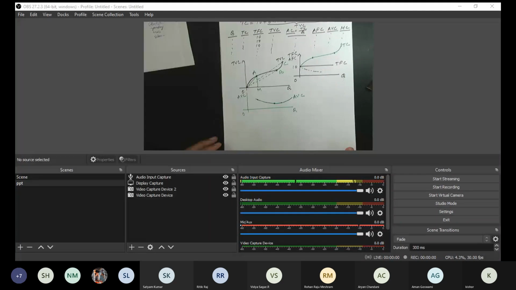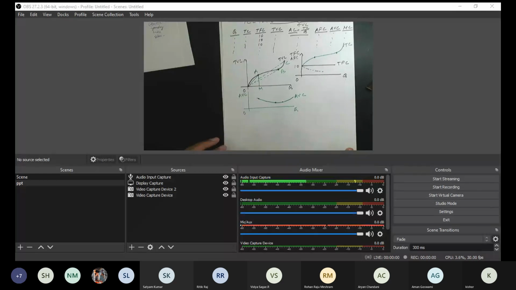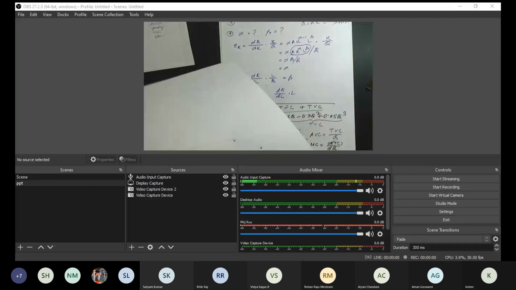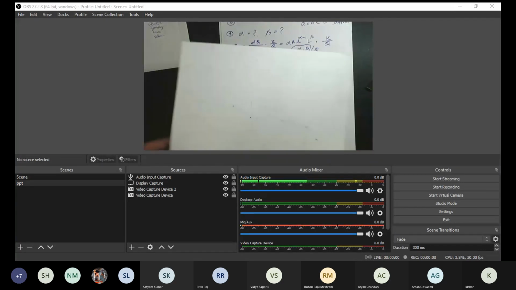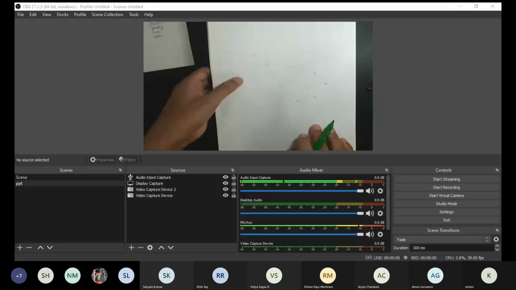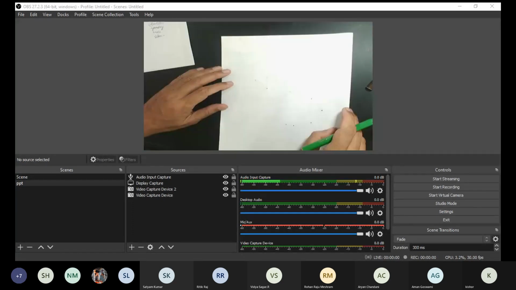So if I draw it, superimpose it in one graph.